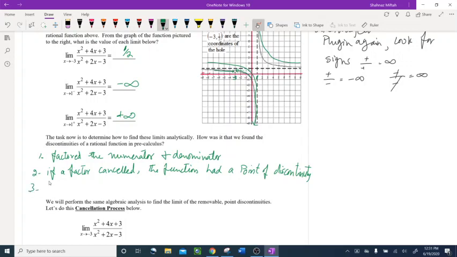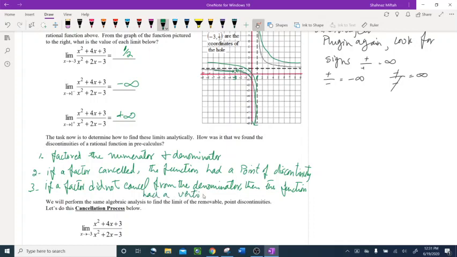Third, if a factor did not cancel from the denominator, then the function had a vertical asymptote.